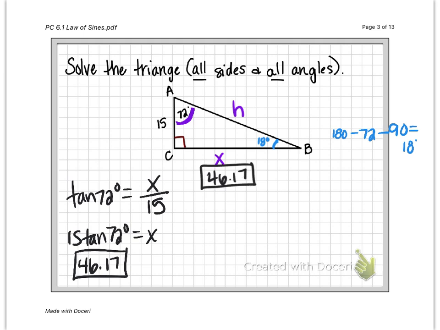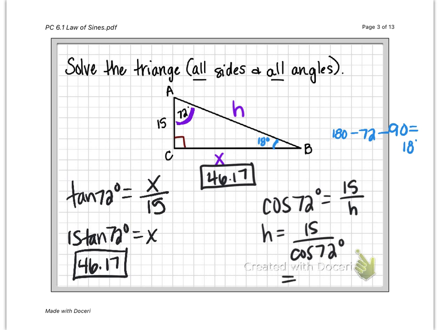And then we can find h. Because this is a hypotenuse, we have an adjacent and a hypotenuse with 72. So we'll do cosine of 72 equals adjacent 15 over that hypotenuse h. So h would be 15 over cosine of 72 degrees. And that h side would be 48.5 approximately. So now we've solved all sides and all angles of this triangle.